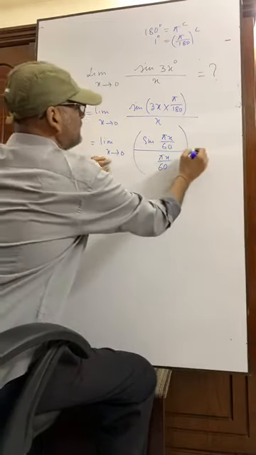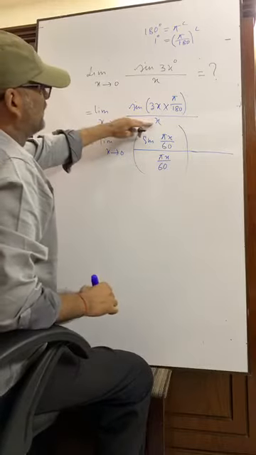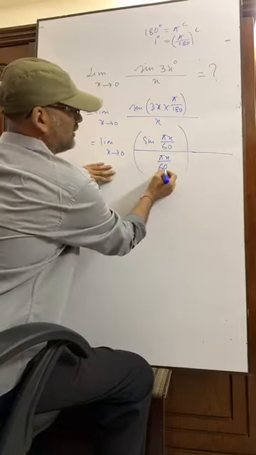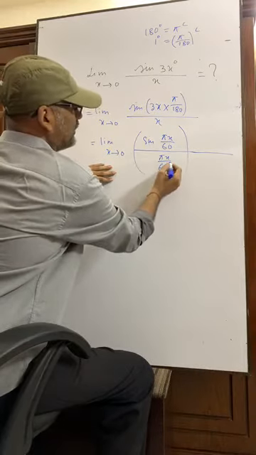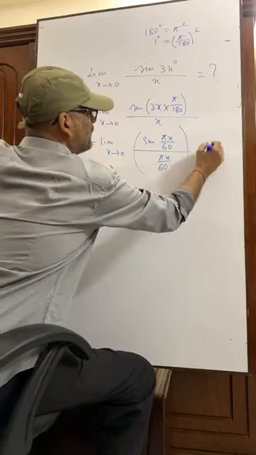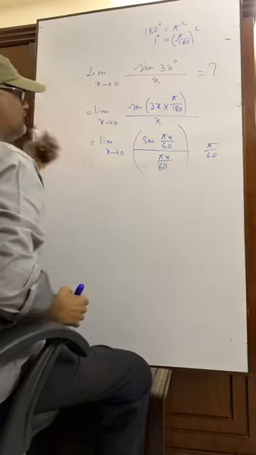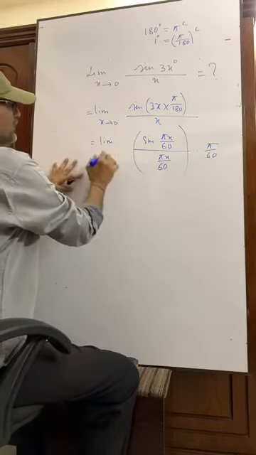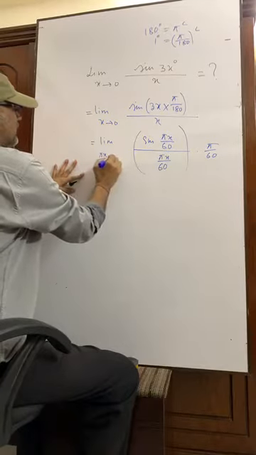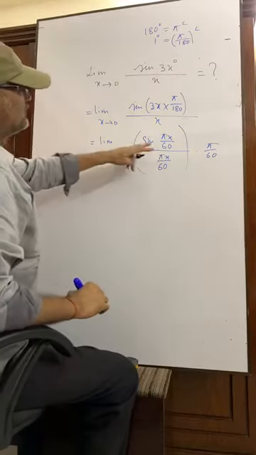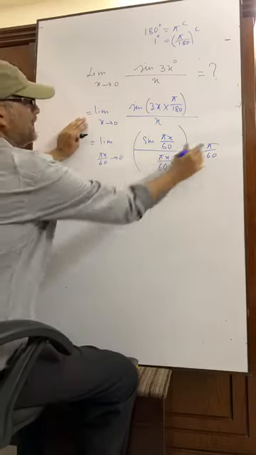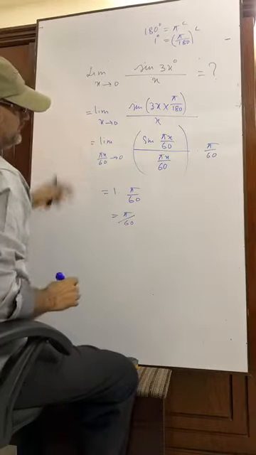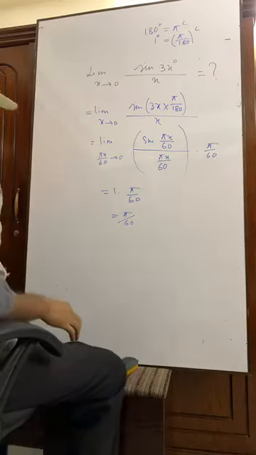Now you see, there is only x here, so this is pi by 60. What do we need to omit it? We need another pi by 60 here. So now it will be pi x by 60 tends to 0. So sine theta by theta equals 1, and this is pi by 60. So our answer is pi by 60.